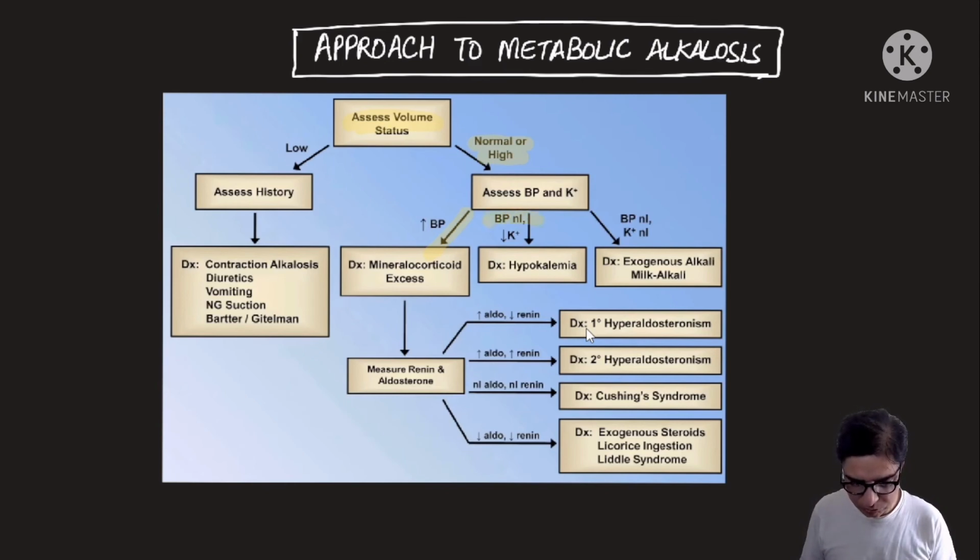But if blood pressure is normal and the potassium is low, then it's probably caused by hypokalemia. Hypokalemia is associated with alkalosis in certain conditions. Obviously, that can have many reasons, which would need further workup. But if the blood pressure is normal and the serum electrolytes, especially the potassium, are also normal, then you have to rule out exogenous milk alkali syndrome or exogenous ingestion of alkaline materials.